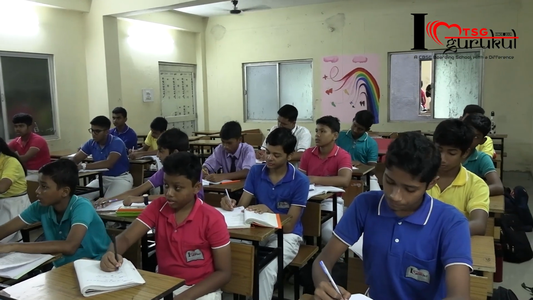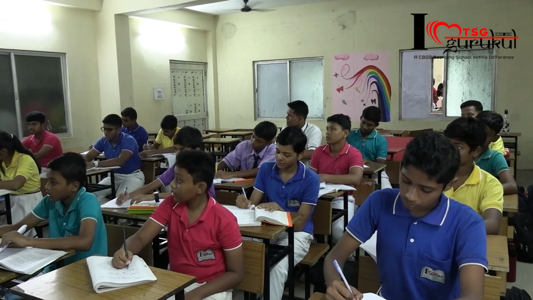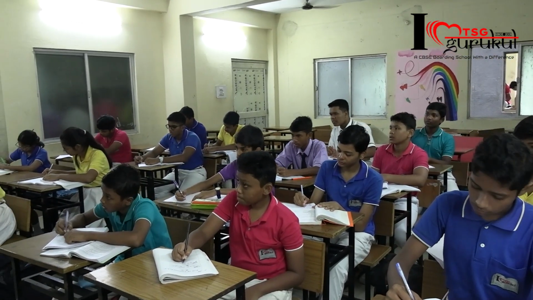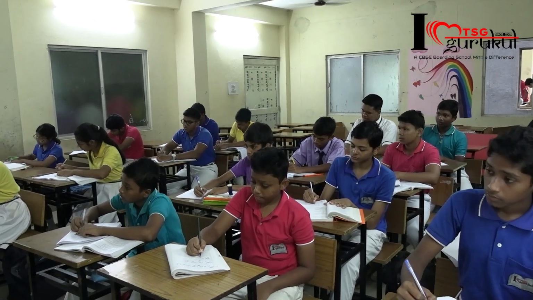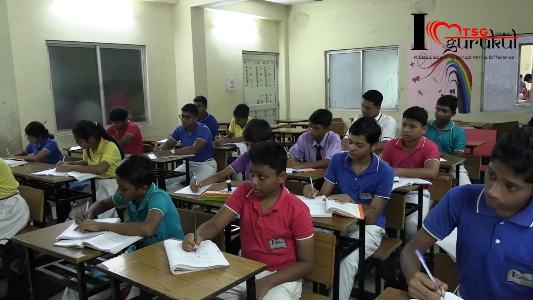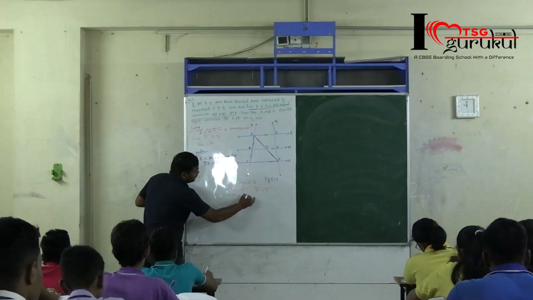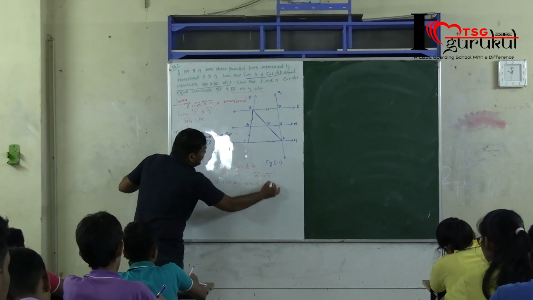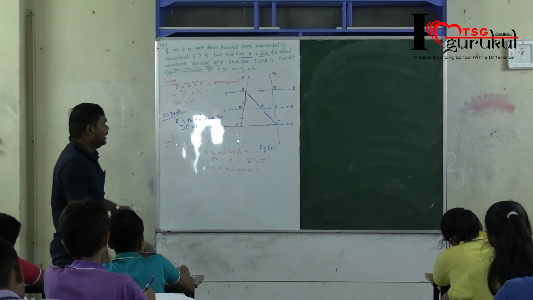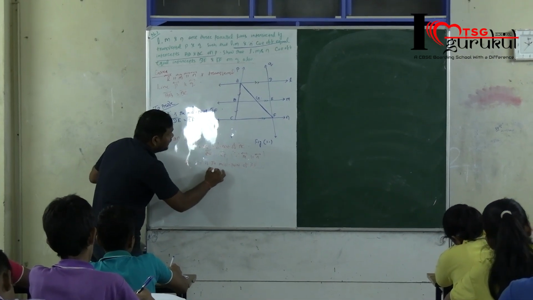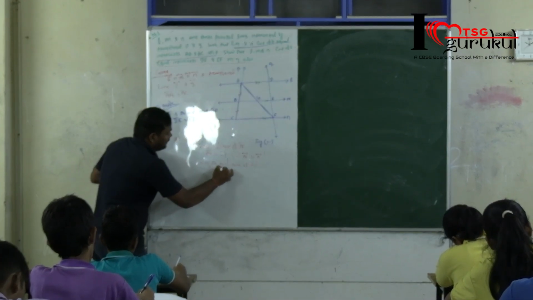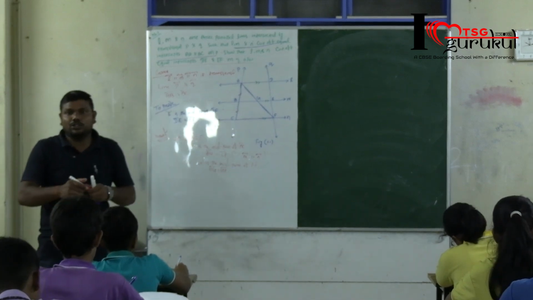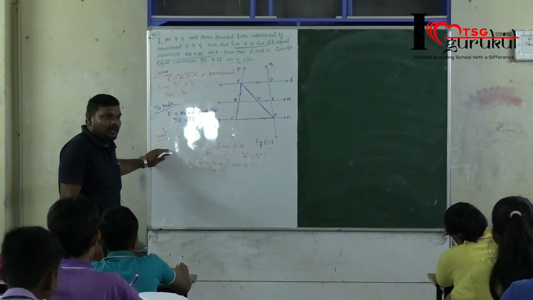Due to line M parallel to line N. So G is the midpoint of AF, that is, AG equals GF. Understood? Yes, sir.